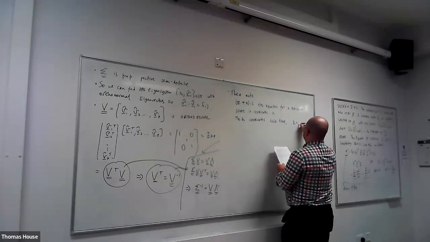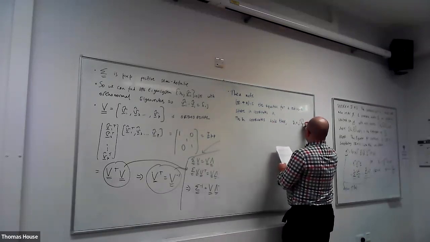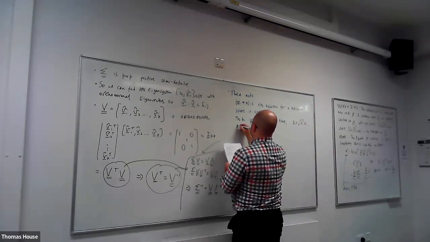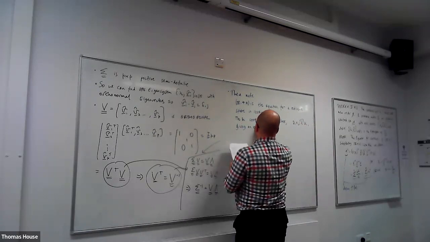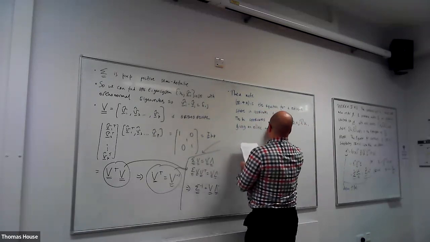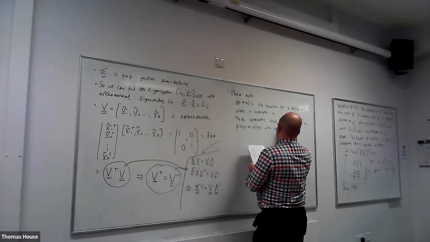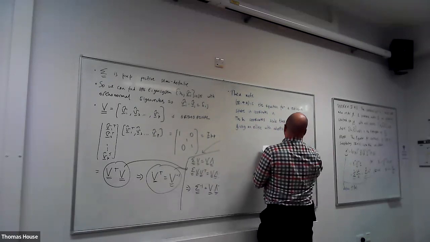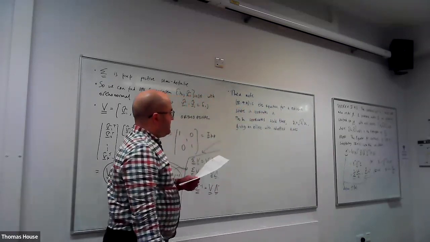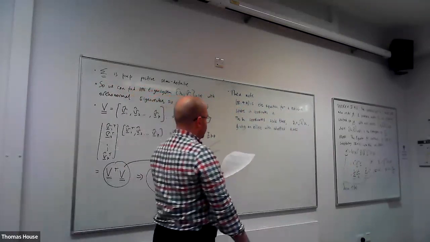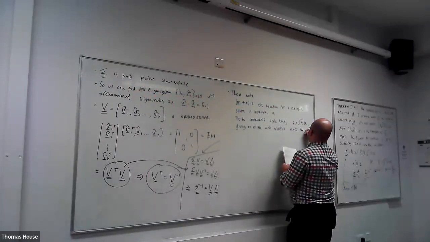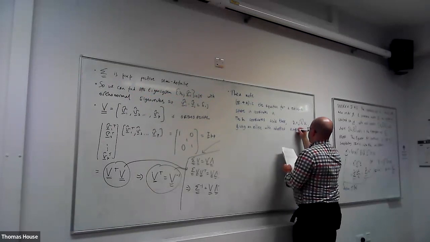So Zi is root lambda i times ui, giving an ellipse with the advertised axes. So I guess I should say axis lengths.